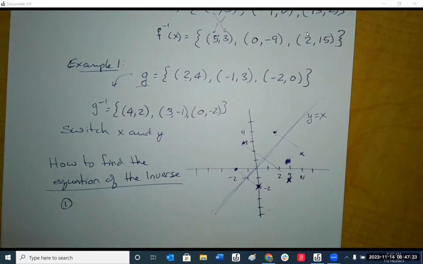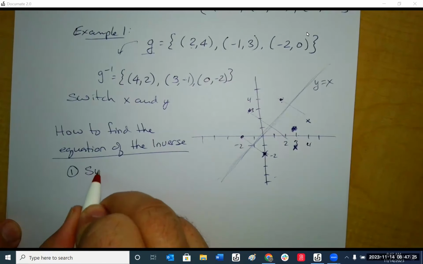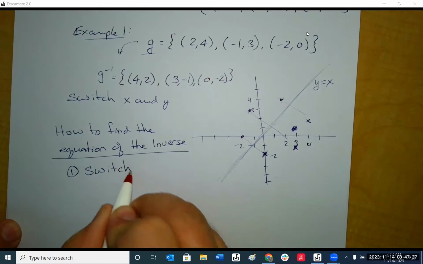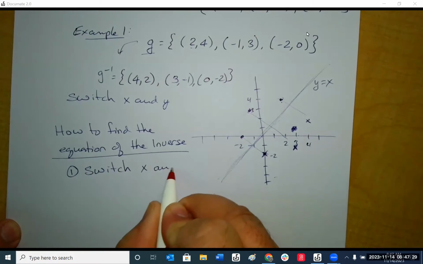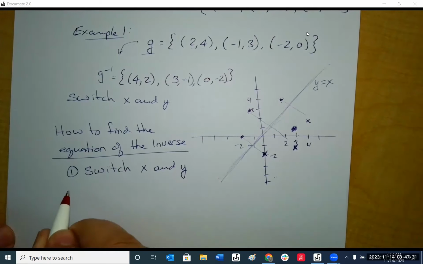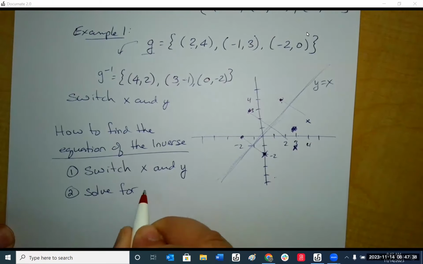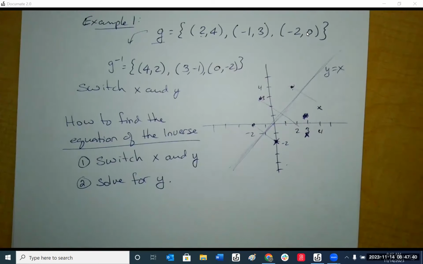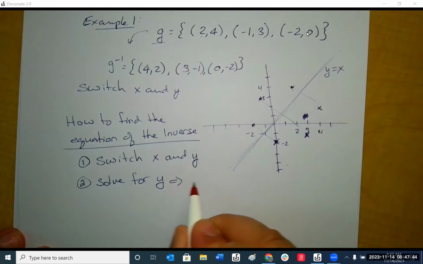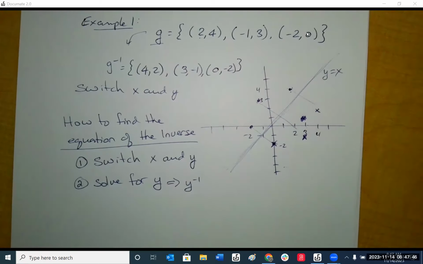Step 1. Switch x and y. And then solve for y. That y becomes now your inverse function. So switch x and y, solve for y, and now represent it as the inverse.